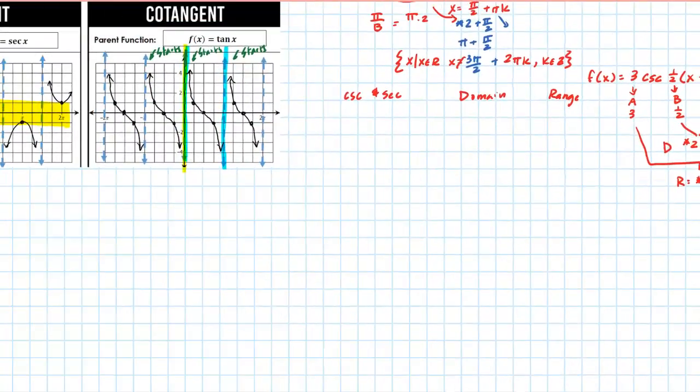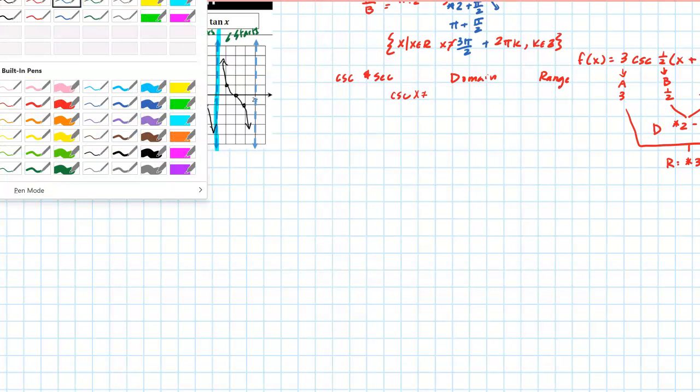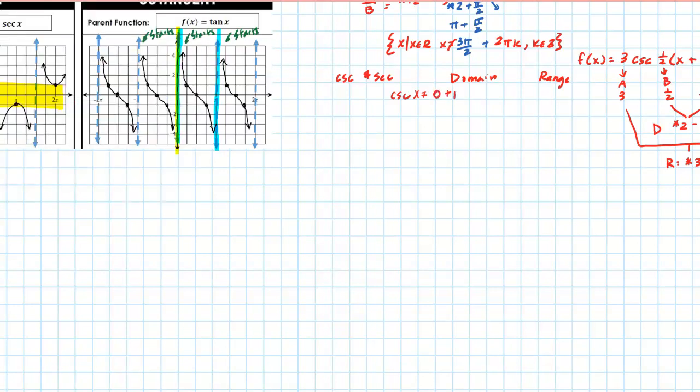Okay, so for the asymptote of cosecant, it should be pi k, and it is pi k, just pi k. But what you have to understand is that there's actually a 0 plus pi k, where k is an element of all real numbers.